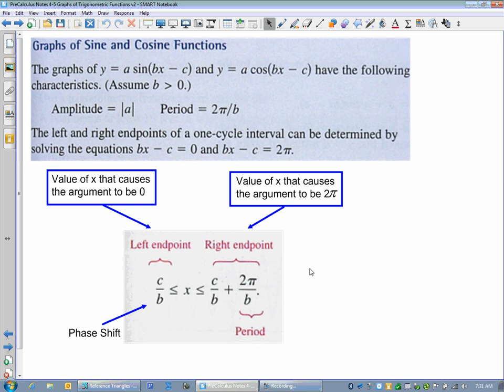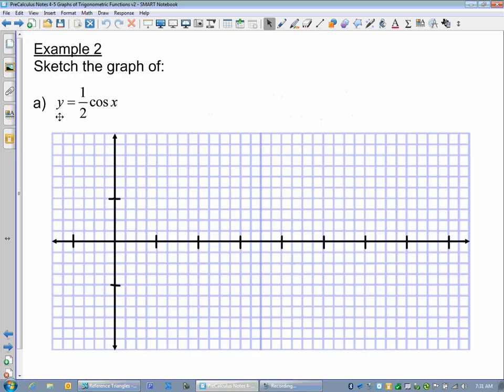All right, with all that, we should now be able to do some graphing. Let's start with y equals 1/2 cosine of x. So there's 4 pieces of information we're going to find for every graph before we graph it. First one is the amplitude. We're going to look at the coefficient in front of the trig function. So our amplitude is going to be 1/2. And that helps me to set my vertical scale.